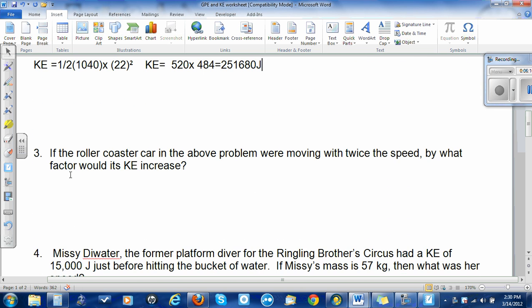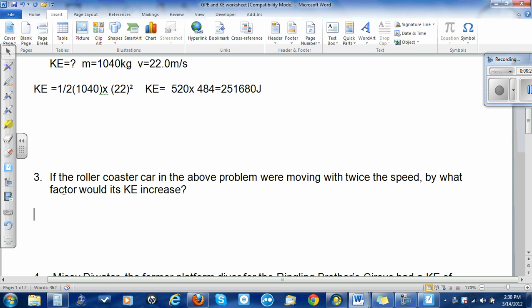Next problem. If a roller coaster in the above problem were moving with twice the speed, by what factor would KE increase? Let's increase the speed. So KE equals 1/2 times the M of 1040 times, if we're moving at twice the speed, we're going to double the speed from 22 to 44.